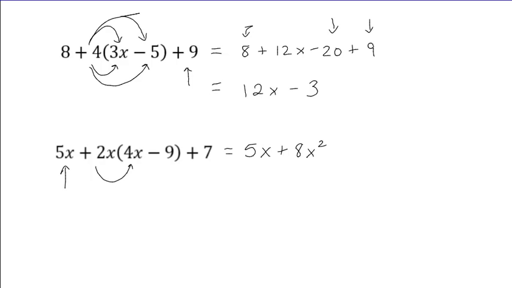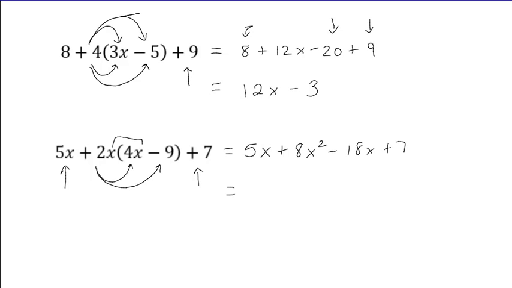I am multiplying my x times my x. The product rule of exponents says add the two exponents. 1 plus 1 is 2. Then I'm going to take the 2x times the negative 9. 2x times negative 9 is negative 18x. And then last but not least, the plus 7 here at the end is not in parentheses at all.